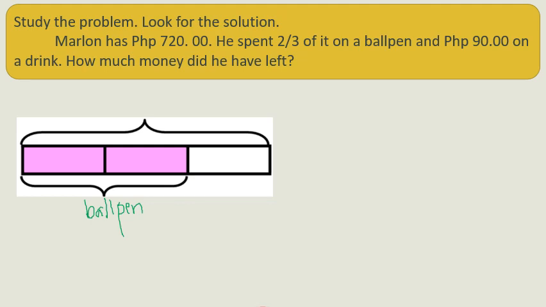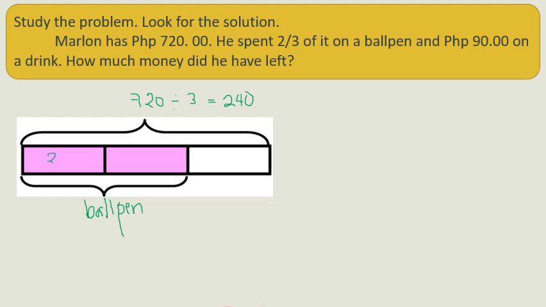So, kung ang kabuuan nito ay 720 pesos, paano natin malalaman yung kada isang kahon? Kung 720 siya. So, i-divide natin yung 720 sa 3. So, kaya ang makukuha natin dito is 240. So, 240 po ang kada isang kahon.